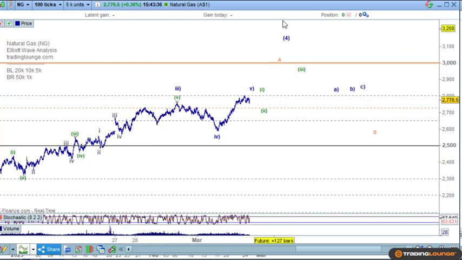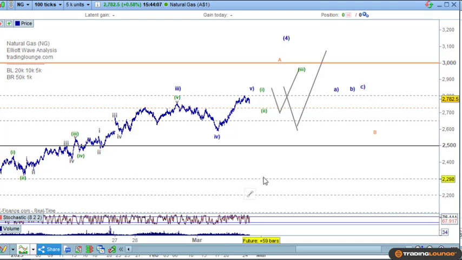In both cases it would just come back to the fourth wave of one lesser degree and push up. So there's not a lot in it really of how far it pushes back.